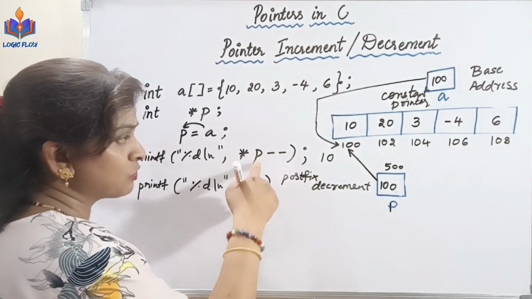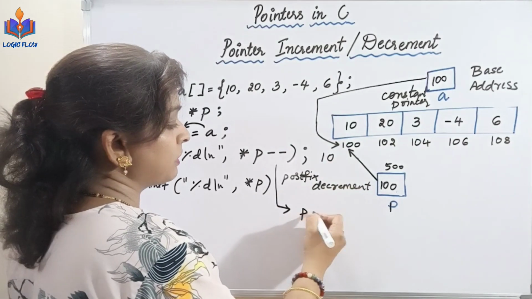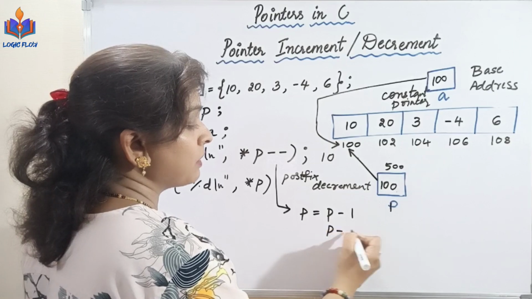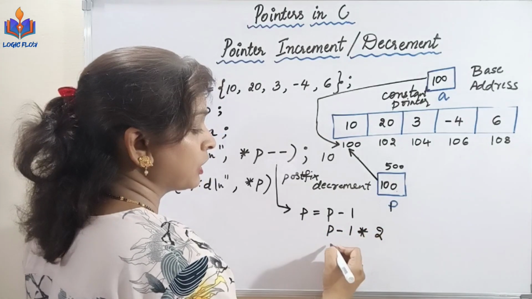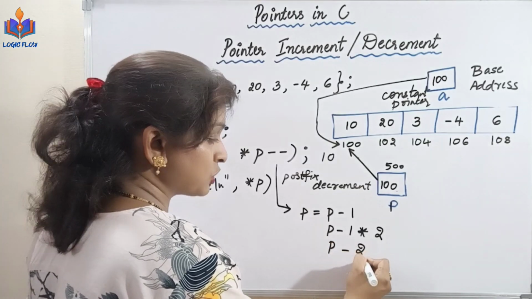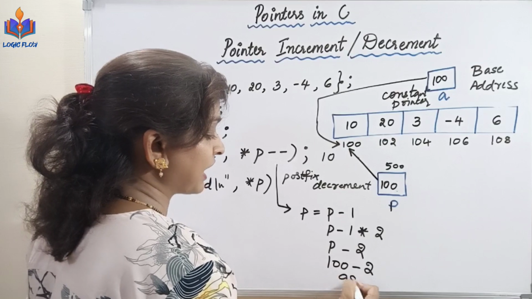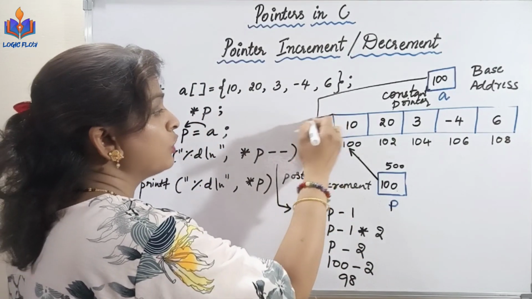Again the same thing. P minus minus is nothing but P equal to P minus 1. So it is P minus 1 into size of the data type. It is 2. So it is P minus 2. P is 100, 100 minus 2, it is 98. It is going backward to location 98. What do you find here?